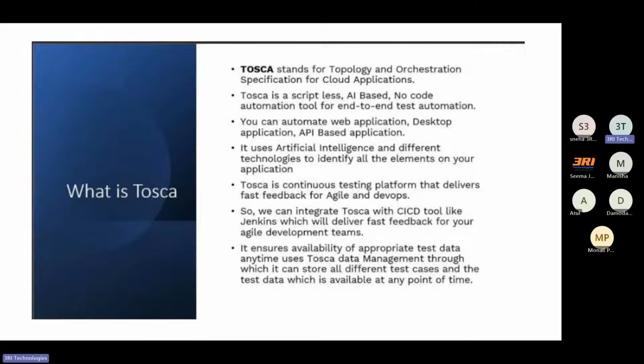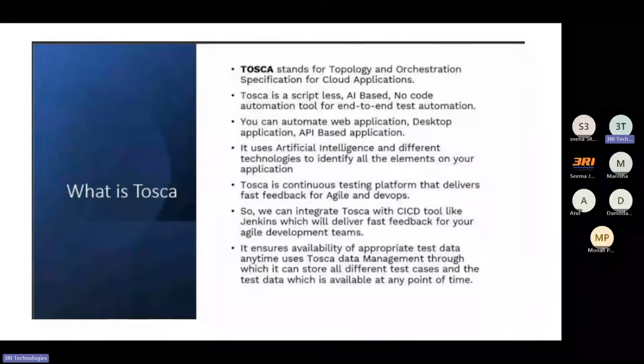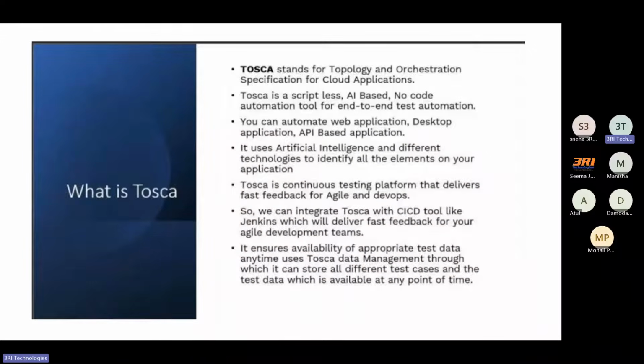We're going to see the integration with a CI/CD tool, which will be Jenkins, and how to execute your test cases using Jenkins. Apart from that, we will see a few test data management tools. Test data management through Tosca, as well as Excel: if you have data in Excel format or want to access a CSV file, you can do that as well.